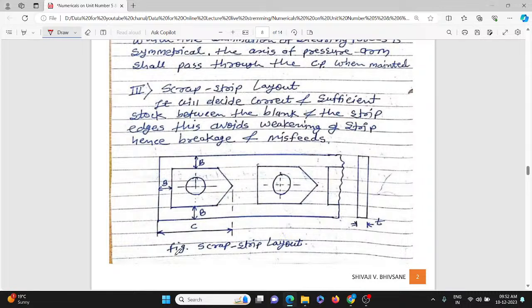And for that particular purpose, this is the resultant shape of the components which we require. So we have to calculate the distance B, and again the distance C. Here you can see distance C that you have to calculate, and also the thickness of that particular scrap material.